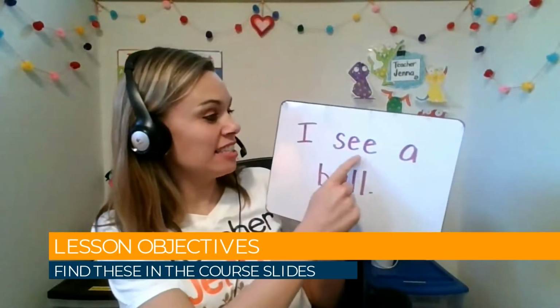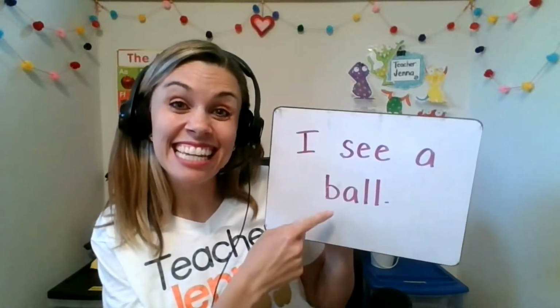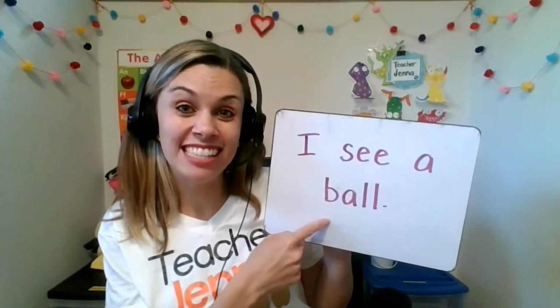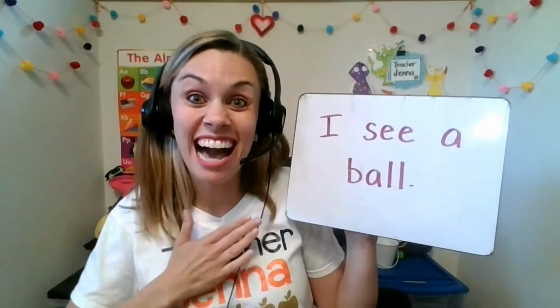Now let's practice the modeling process. Let's pretend the lesson objectives have the sentence pattern, I see a ball. The goal is for the student to say this independently by the end of the lesson. Certainly not right away. Remember, we have to start with the I do.